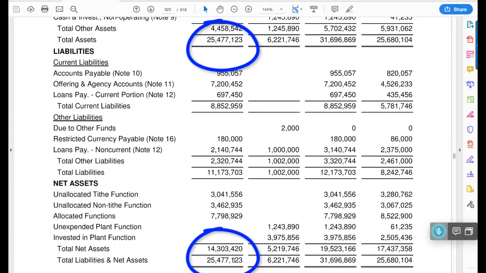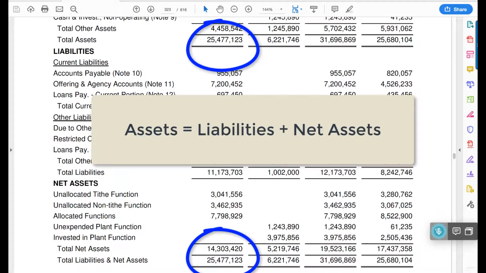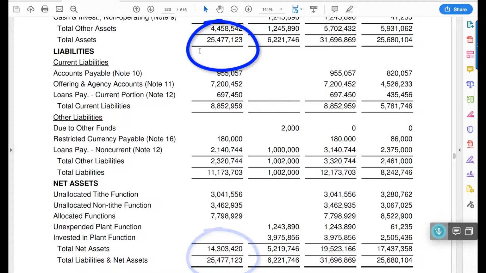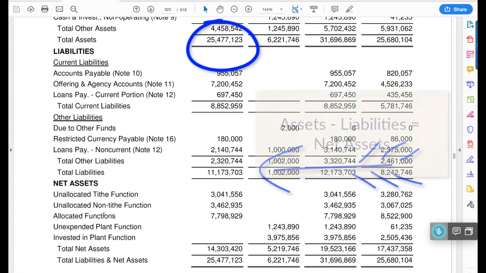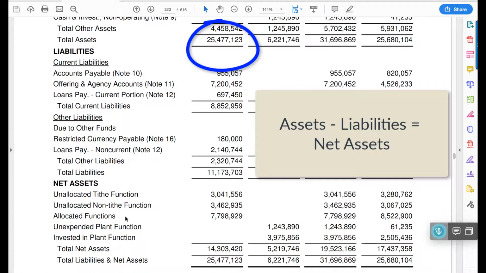What are the things the company or nonprofit owns, and what are the claims against them? And it balances for sure in another conceptual way: we have the things the organization owns, and you have the claims of the creditors called liabilities. Well, anything that the creditors don't claim, the organization claims as its own, so to speak.